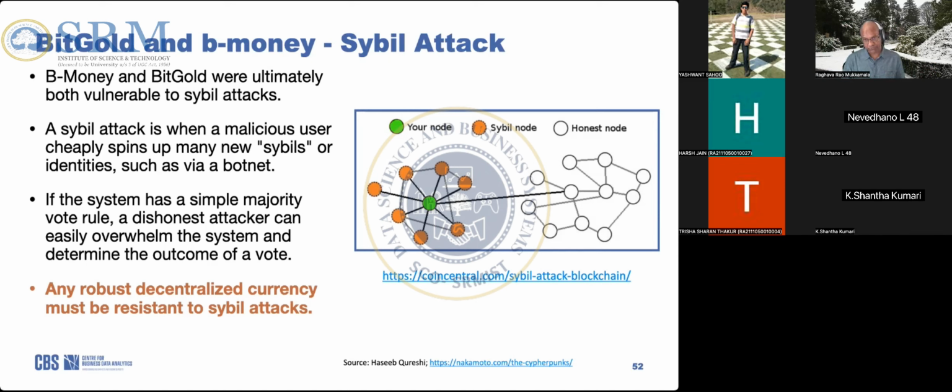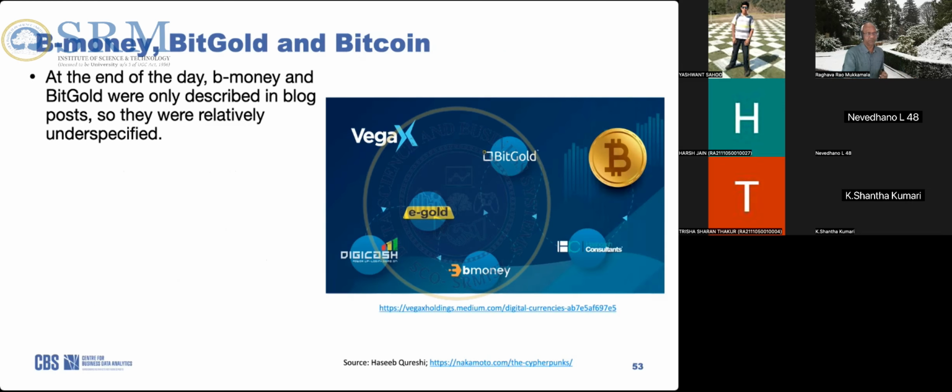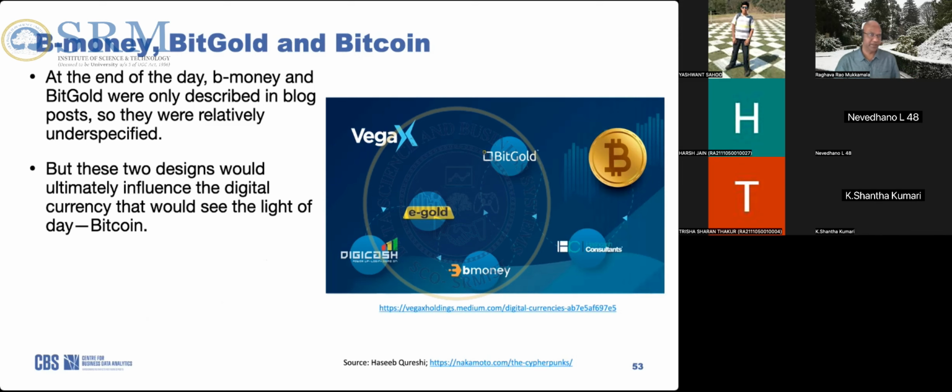Bitcoin tries to solve it using a different technique, but we'll see more in the coming days. At the end of the day, both B-Money and BitGold were only described in blog posts. They were proposals for launching the currencies, but they were never materialized. They were never implemented.